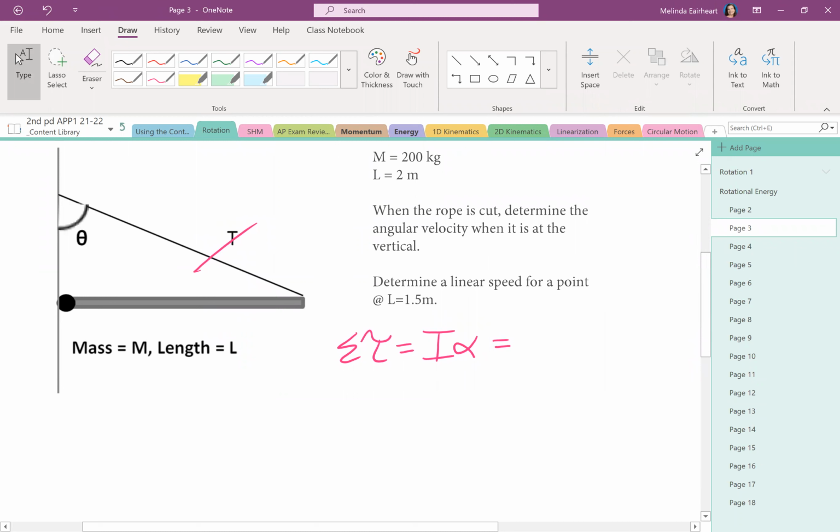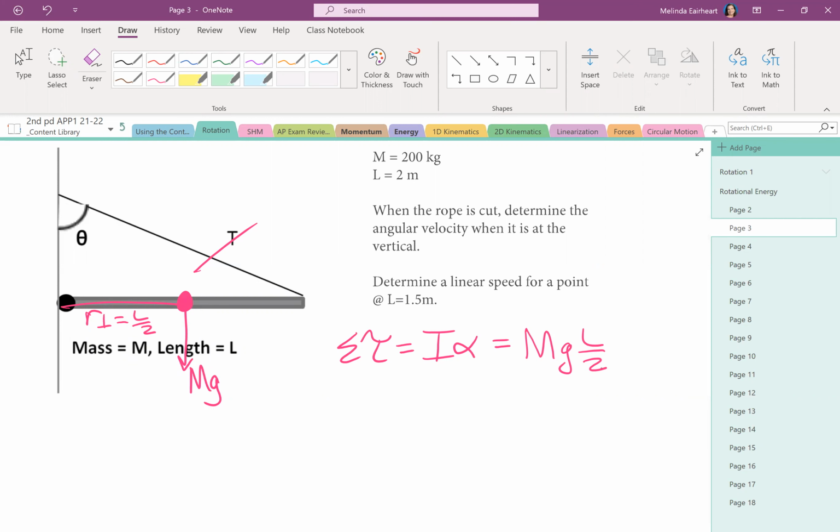It's just the rod. And so we've got this center of mass, gravitational force, right? Fg or mg. It's got a lever arm, half the length. And so you could say mg times L over 2. And you would need to solve for angular acceleration before the angular velocity, right?